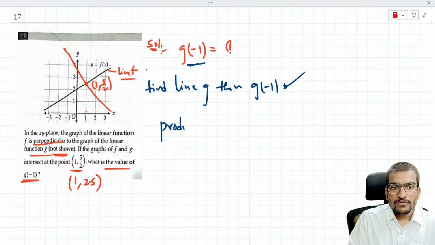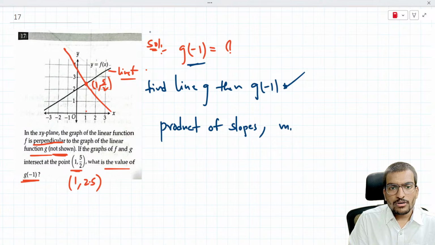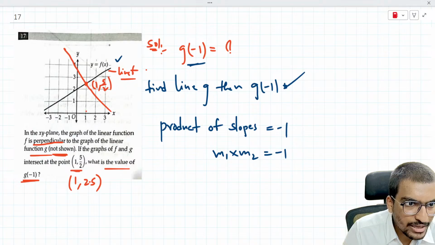Product of slopes equals to -1 directly. m1 times m2 equals -1. So here, what is m1? Line f slope. How can you get the line f slope? Here the rise is 1, run is 2, positive 1 by 2.